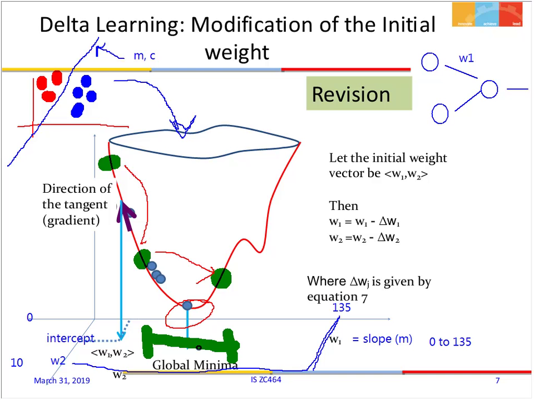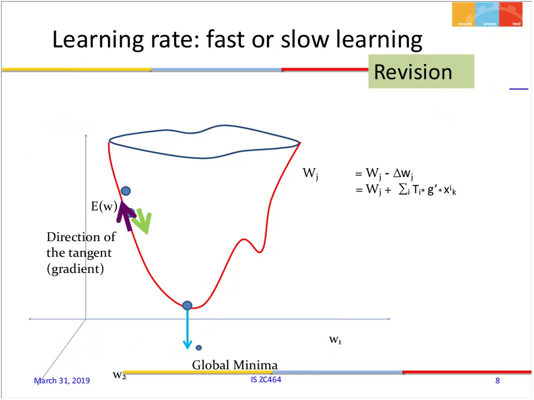Fine. Of course, this problem cannot be solved by hand because you need multiple iterations to converge to the global optima. Okay, fine. So we move ahead. Here we had actually seen that the direction of the tangent is upwards, but the movement is downwards.